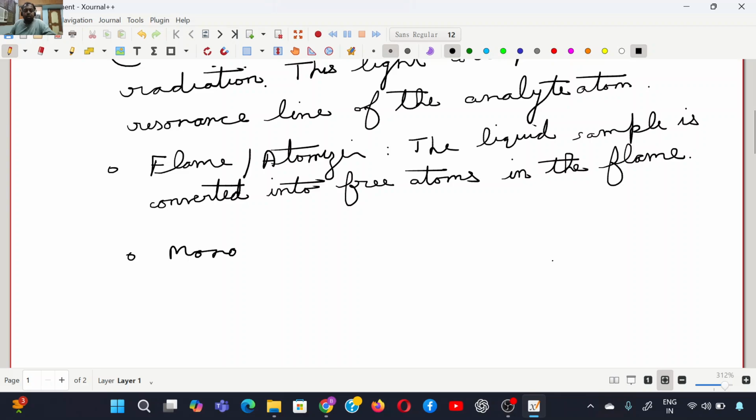What's the next step? The monochromator. After the radiation passes through the flame, the monochromator isolates the desired wavelength from other background light, ensuring selectivity.